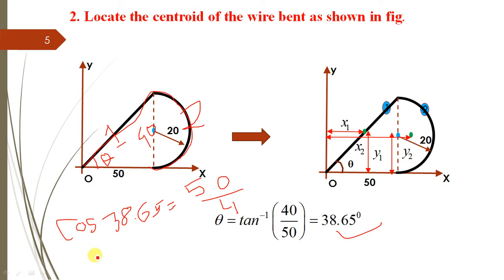After solving, L1 is equal to 50 divided by cos of 38.65, which comes out to be 64.02.